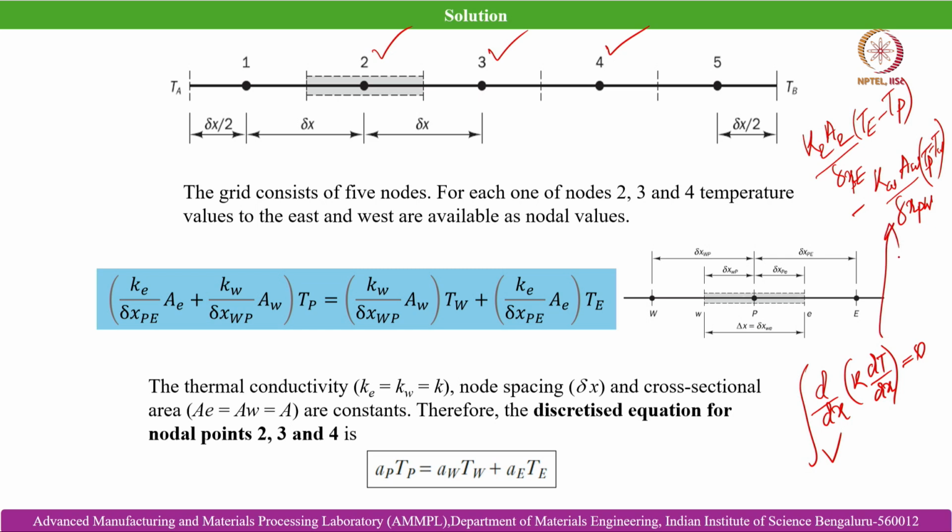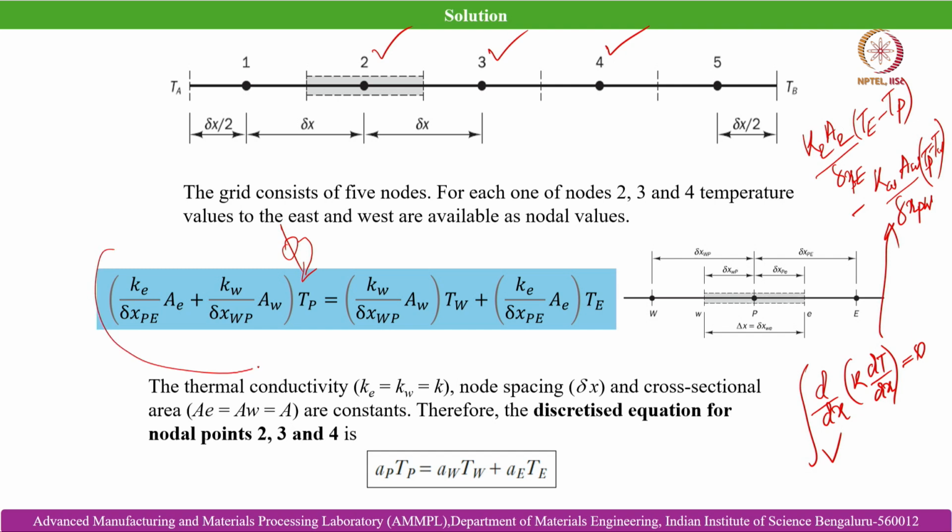you will arrive at this expression: k_e A_e by delta x_PE plus k_w A_w by delta x_WP, times T_P. As we explained in the last class in terms of a property phi, the property here is the temperature. So phi_P becomes T_P, phi_E becomes T_E and phi_W becomes T_W.